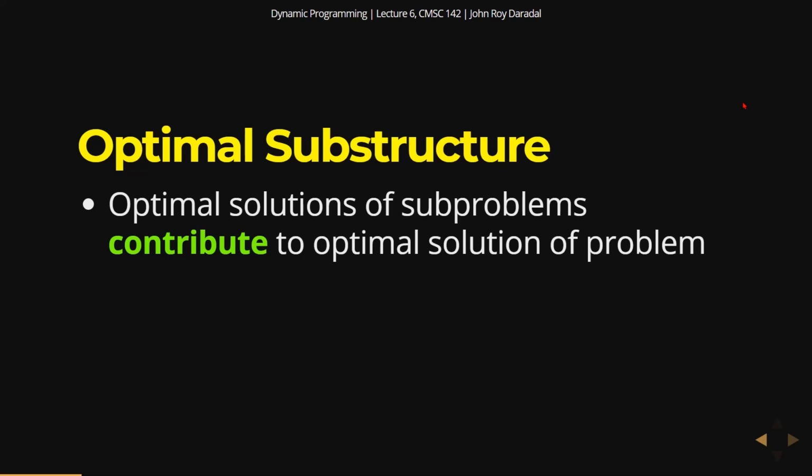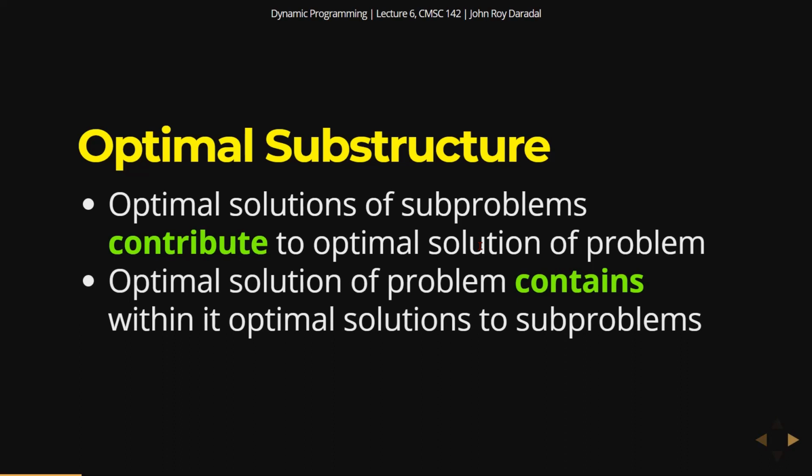The next element of dynamic programming is optimal substructure. Now, what does this mean? Optimal substructure simply means that the optimal solutions of subproblems contribute to the optimal solution of the problem. Just like in divide and conquer, wherein the subproblem solutions are merged to form the bigger problem's solution, the optimal solutions of the subproblems here are also used to create the optimal solution of the original problem.